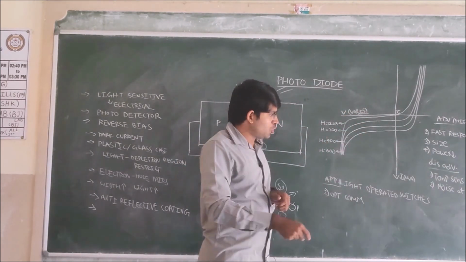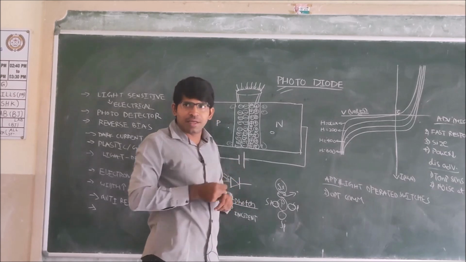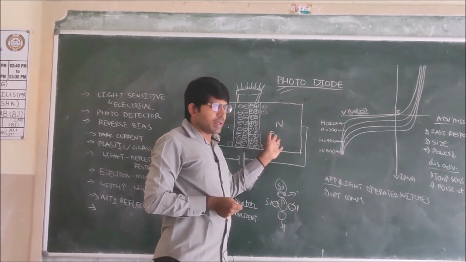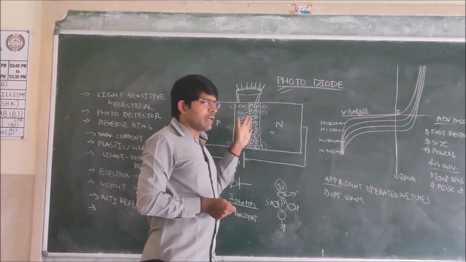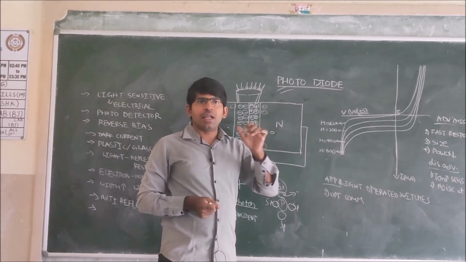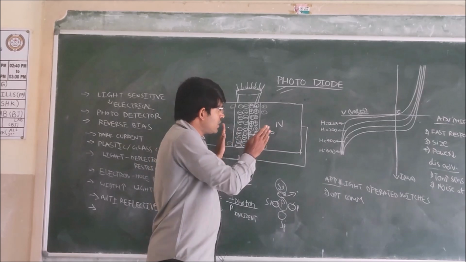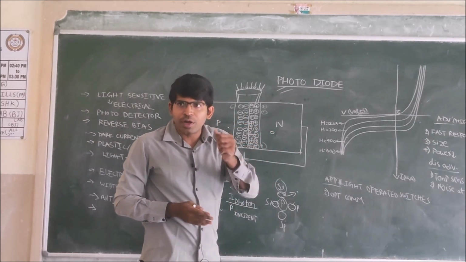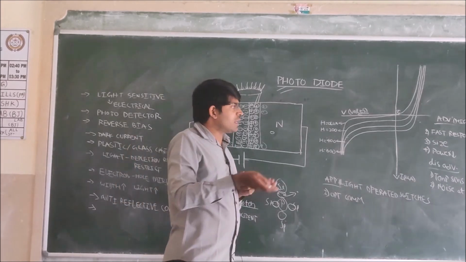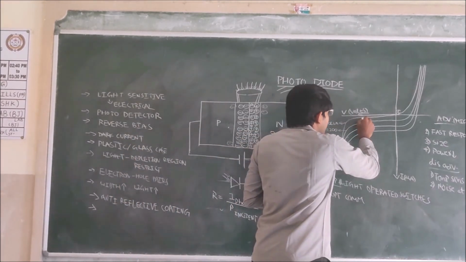That current is due to the minority charge carriers. In n-type, the minority charge carriers are holes, and in p-type, the minority charge carriers are electrons. These minority charge carriers provide a small amount of current. We call that current the dark current.